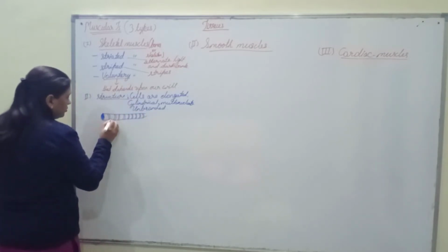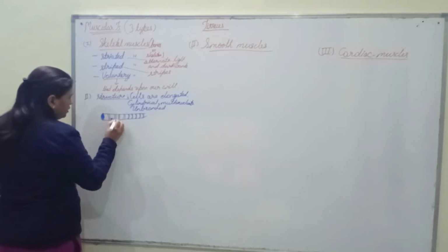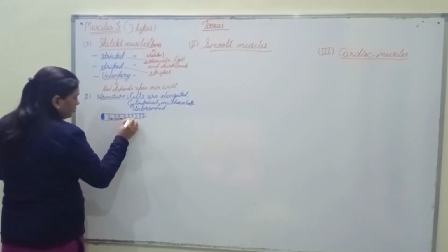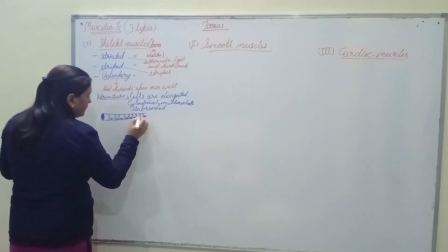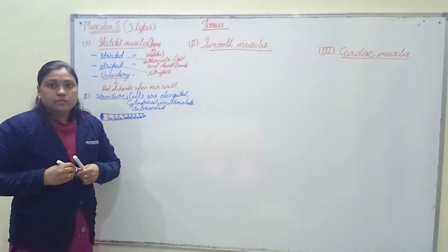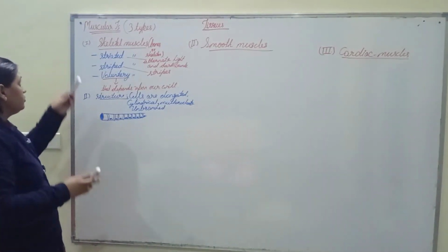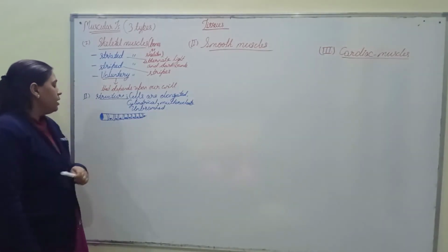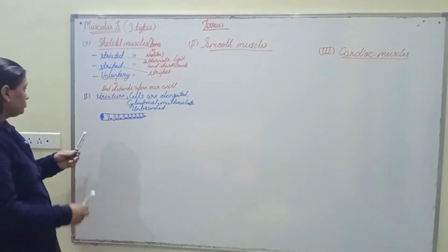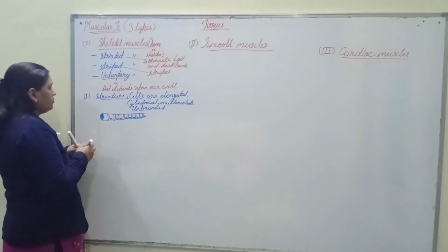These are multinucleate. Many nuclei are found inside these cells. So cells of skeletal muscles are elongated, cylindrical, multinucleate and unbranched. So this is the structure of cells.